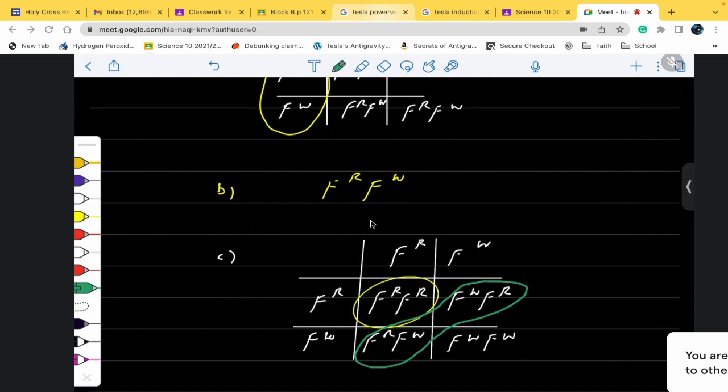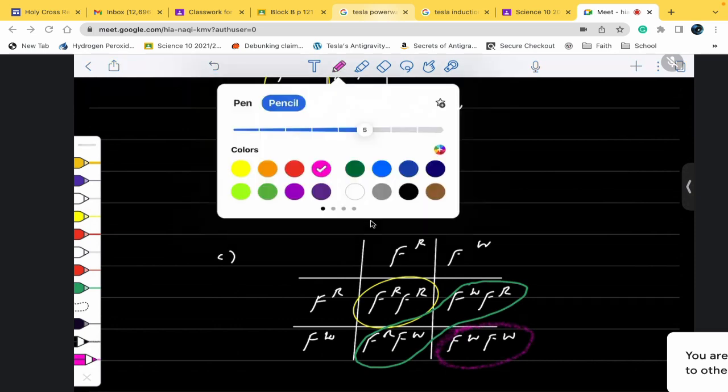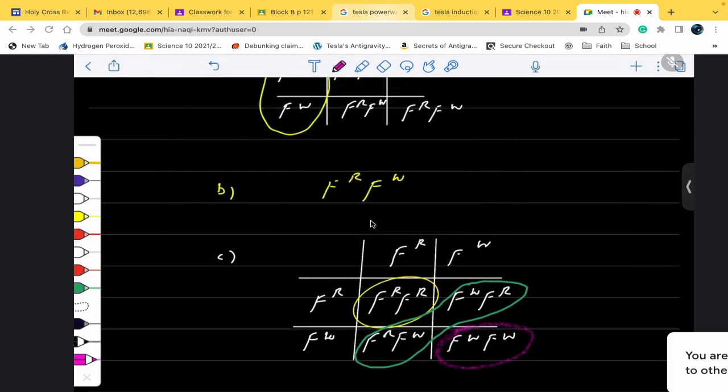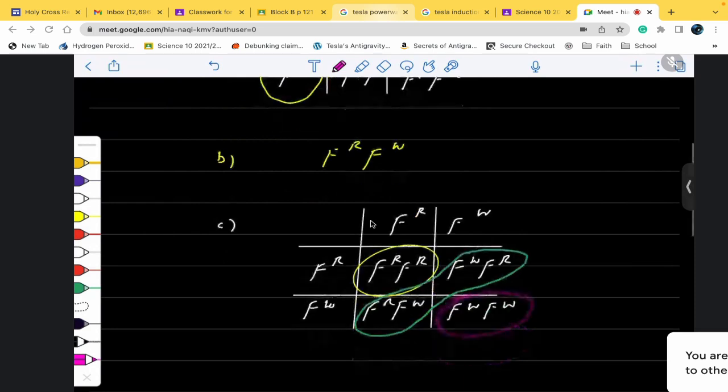And last but not least, I'll make this a different color. 1 out of the 4, or 25%, is FW, FW. That's the genotypes. Phenotypes: FR, FR is red. FW, FW is white, so 25% of each.